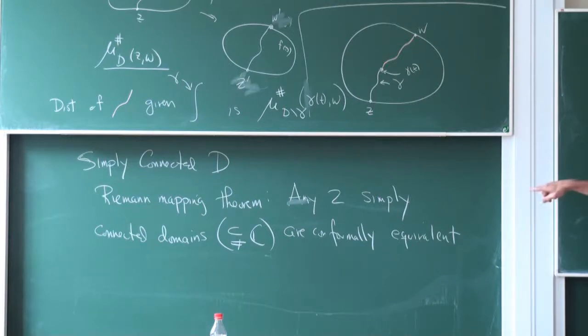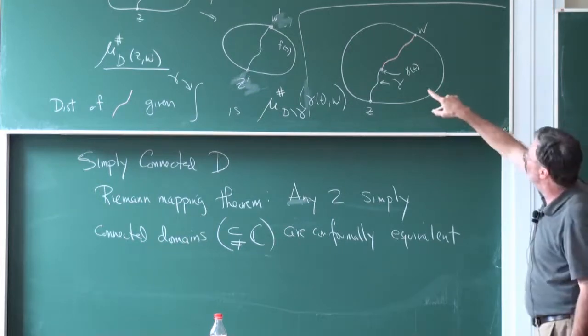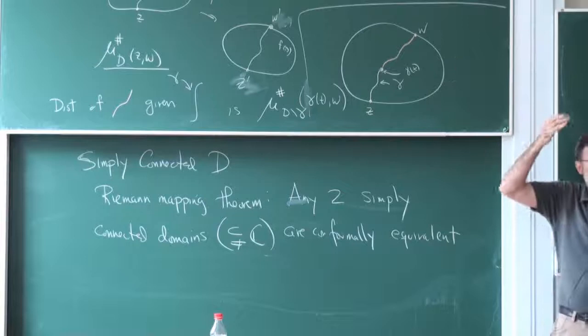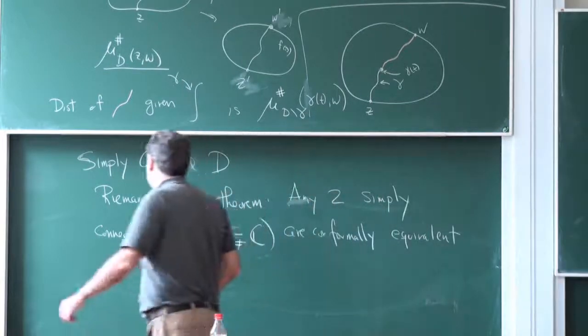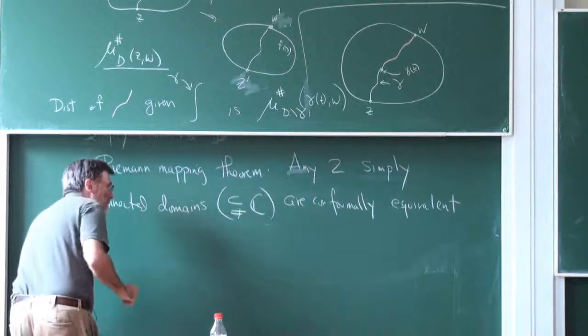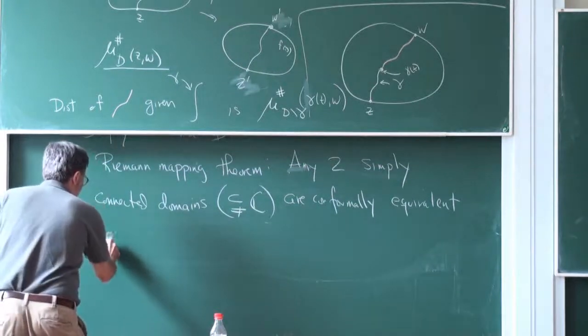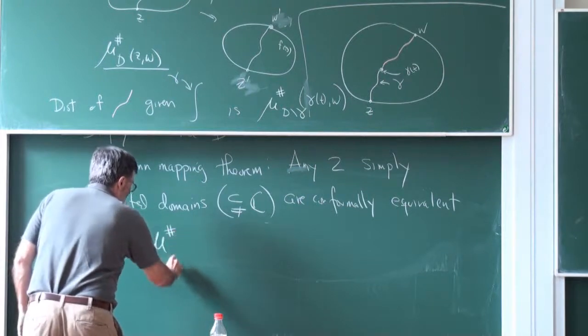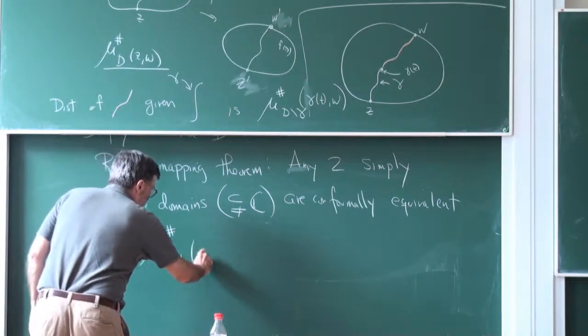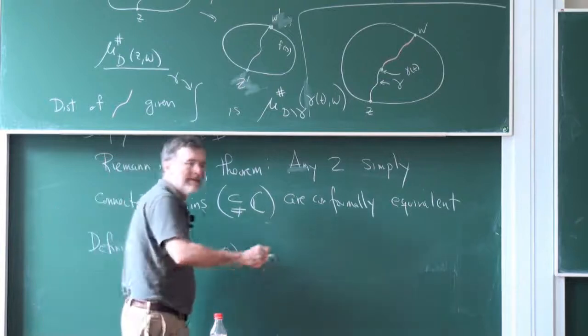The first thing you get from this fact is that if you're just dealing with simply connected domains D, and you have conformal invariance, then in order to define the family of measures, we only have to define it on one simply connected domain. And what he chose was the upper half plane, and the boundary points to be 0 and infinity.